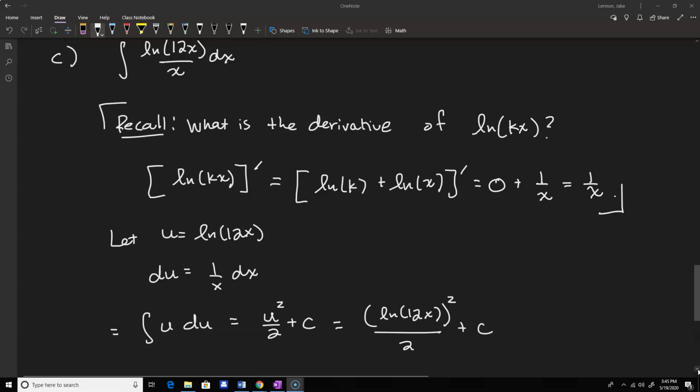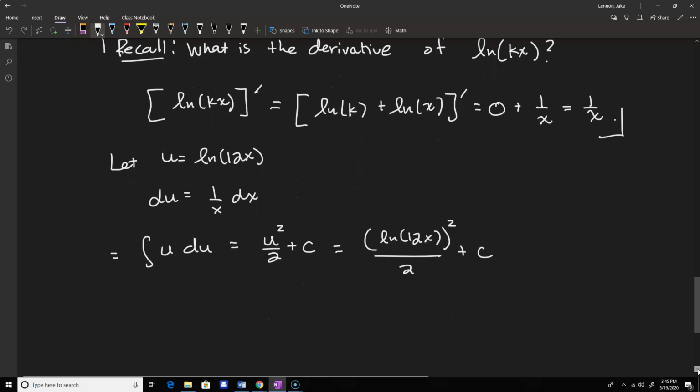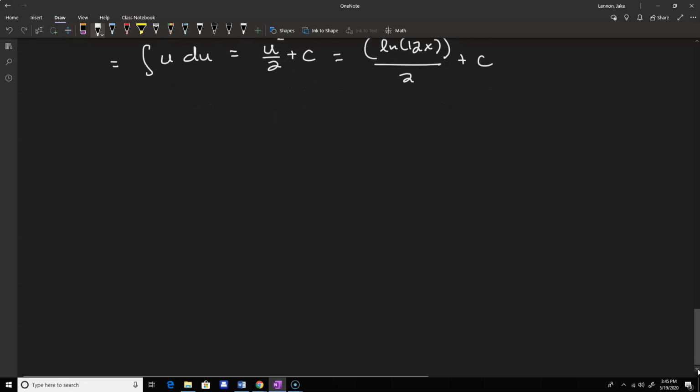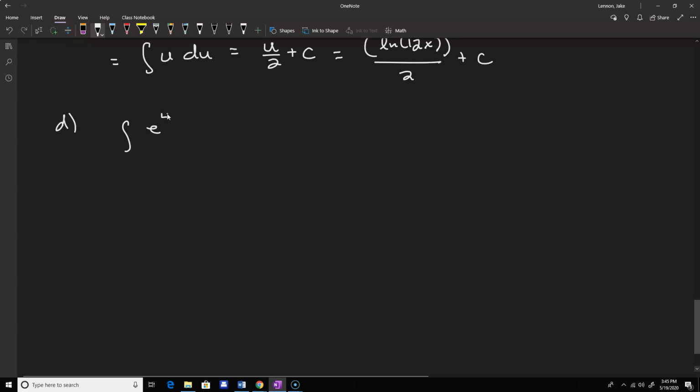For D, let's go ahead and do another one that involves a substitution, which is just a very small variation. So D, let's go ahead and look at computing the integral of, say, e to the 4x divided by e to the 4x plus 1.